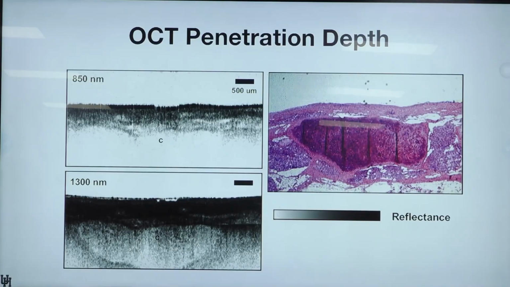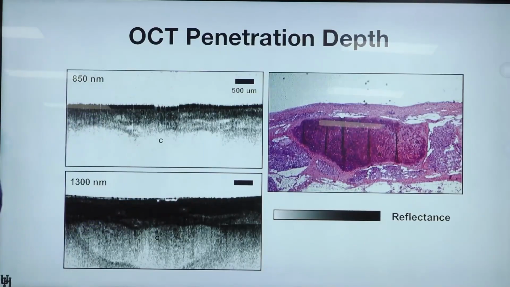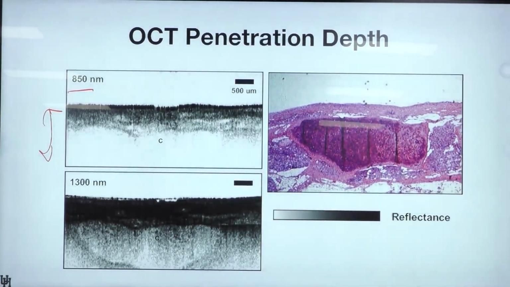The next thing is another feature of OCT, which is related to the wavelength: how deep can you go? As I've discussed in previous classes, the longer the wavelength, the less scattering there is, and therefore the deeper the light can go.